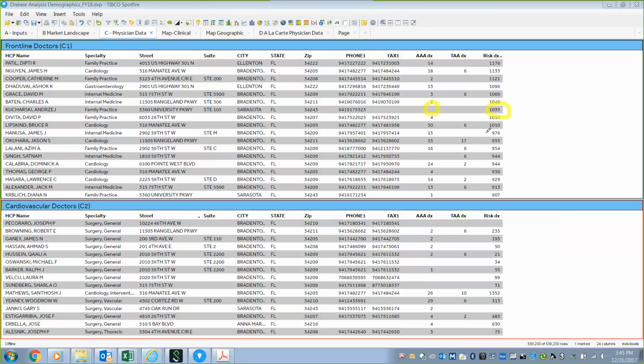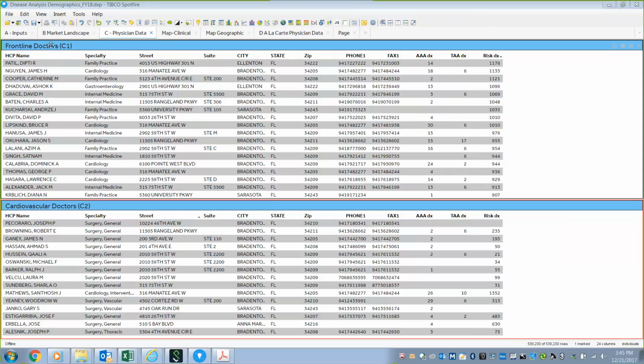It could be these numbers don't necessarily relate, but this person with 1,010 has an abundance of AAAs. Maybe this person does screen, also taking into account that doctor is a cardiologist. So the point is the risk diagnoses data is really powerful because it can help you make the case that doctors don't understand the disease well enough to diagnose it.